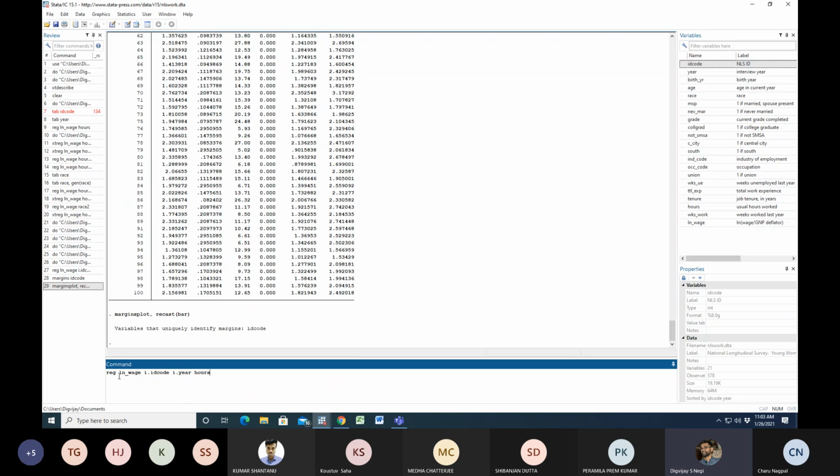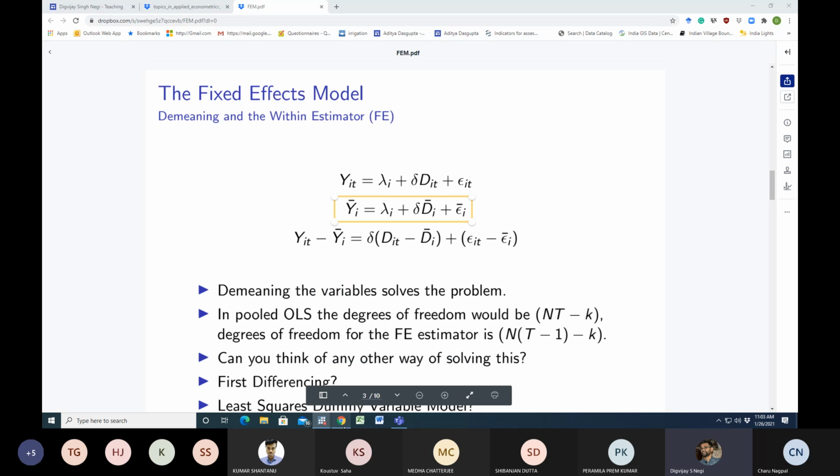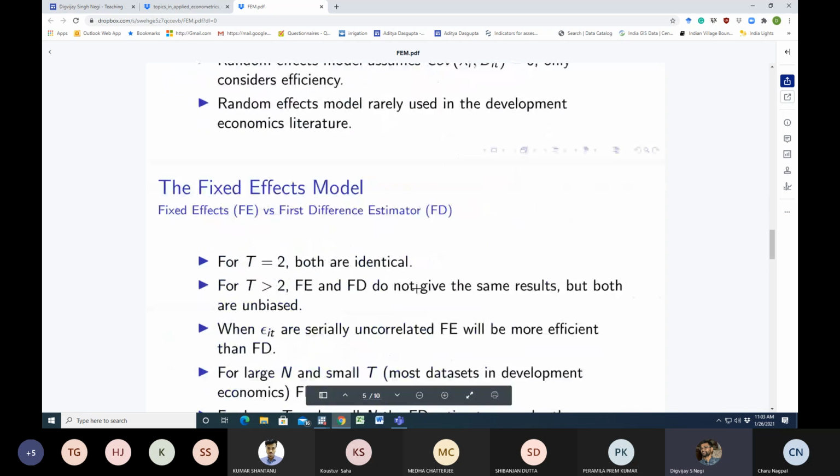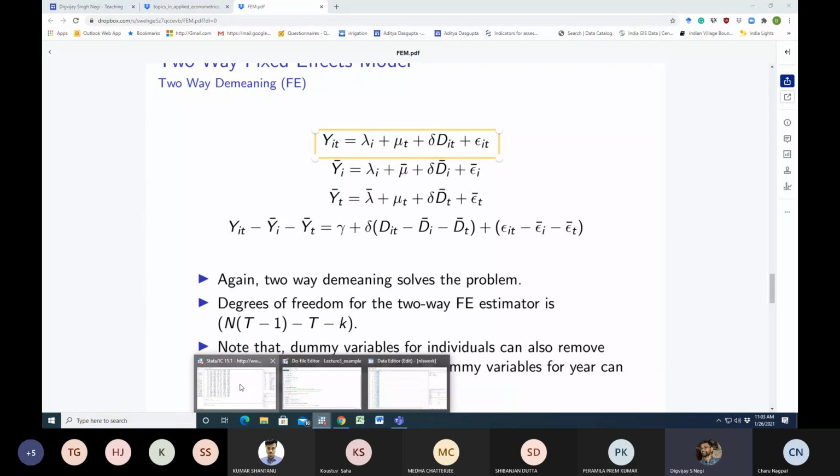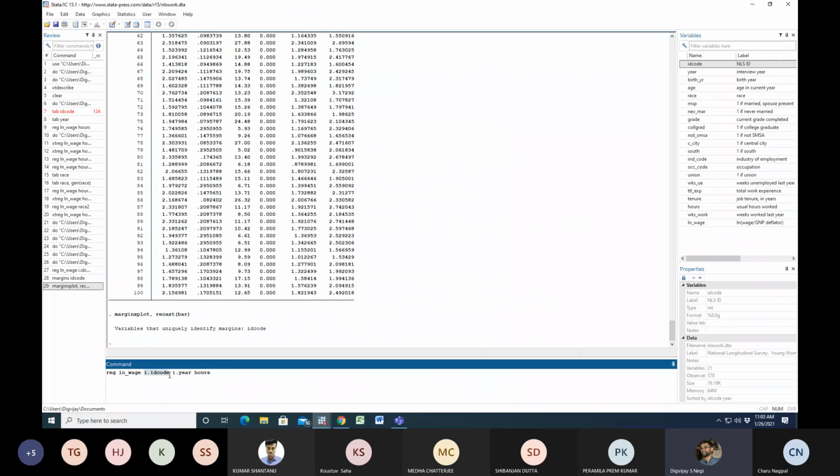So same regression as before, log wage, i.ID code, saying have dummy variables for each individual, and then i.year, saying now have dummy variables for year too. The model that I'm considering now has lambda i's and mu t's, and I am explicitly adding dummy variables for both of them. This is lambda ID code, and this is mu t.